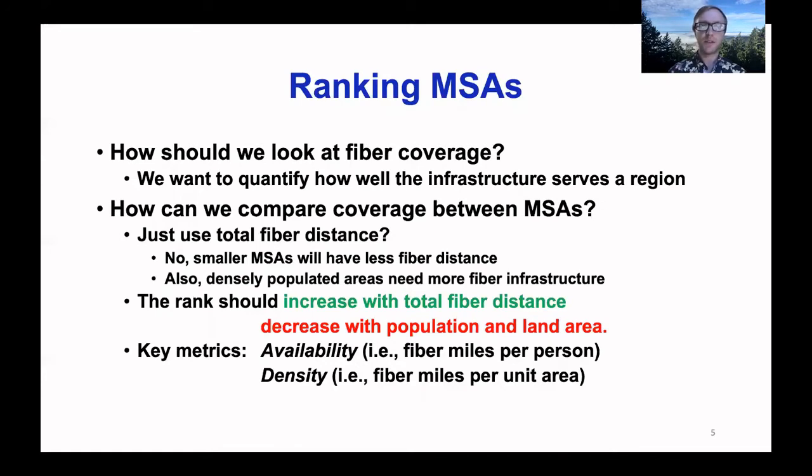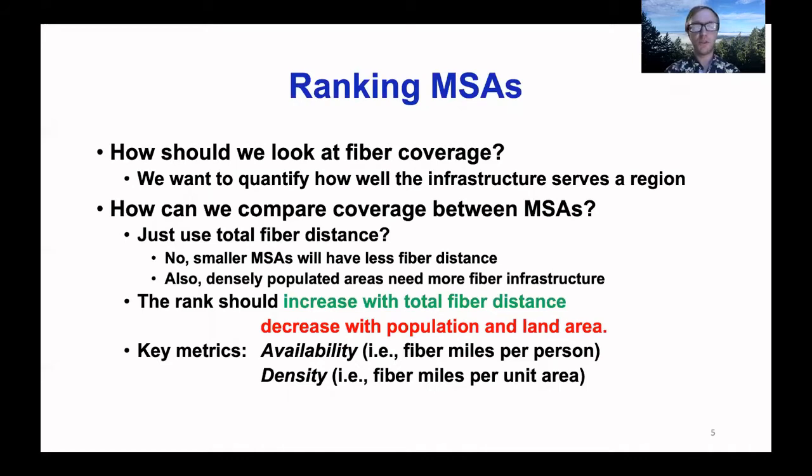A smaller MSA might not have as much fiber in it just because it's a smaller area. Also, a large MSA might have a small population density, and it might just not need as much fiber. So we wanted to come up with a ranking measure that could capture both of these things, one that would increase with the total fiber distance and decrease with population and with land area.